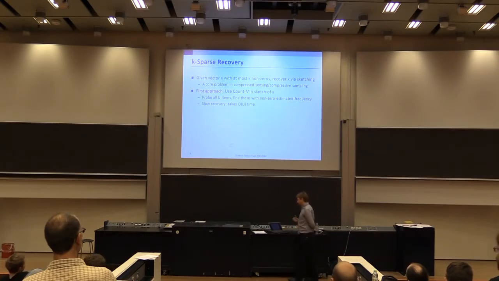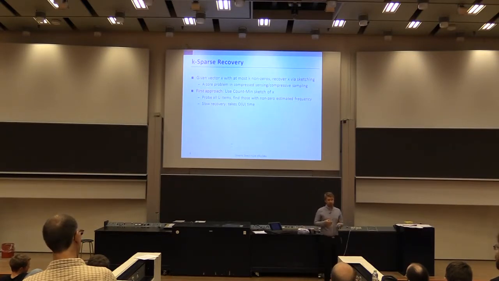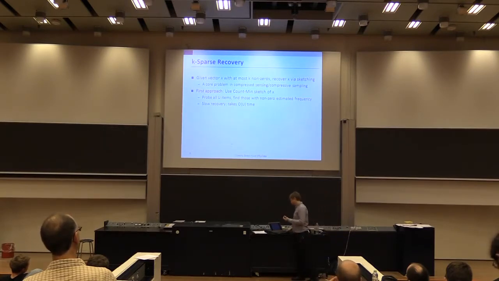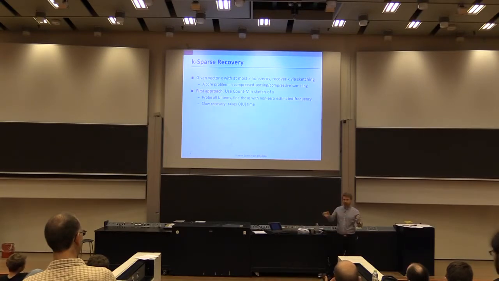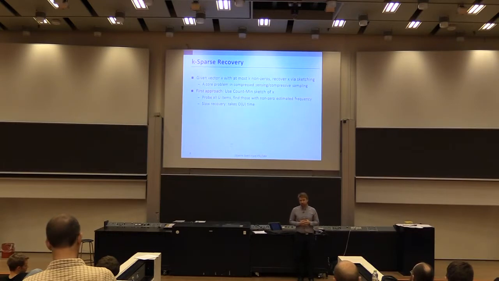And you would argue that if the vector you're summarizing is not too dense, then you can just estimate the counts of each possible element in the universe. You won't get many collisions, and then you'll be able to work out exactly what's going on. The problem with that is it's very slow to decode. Essentially, you're trying to decode this vector from this summary data structure, and if you have to query every possible element in the universe, that's going to take a long time.